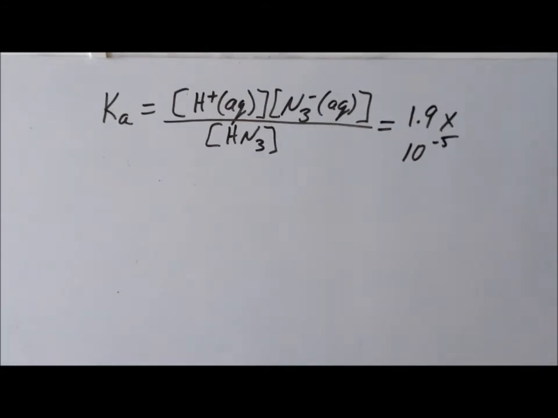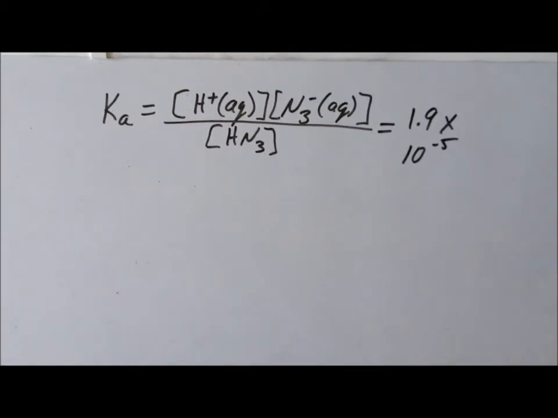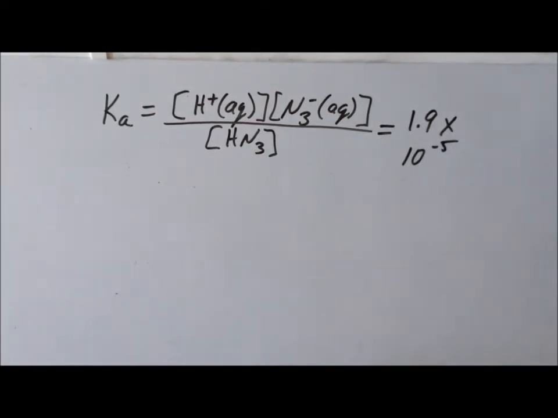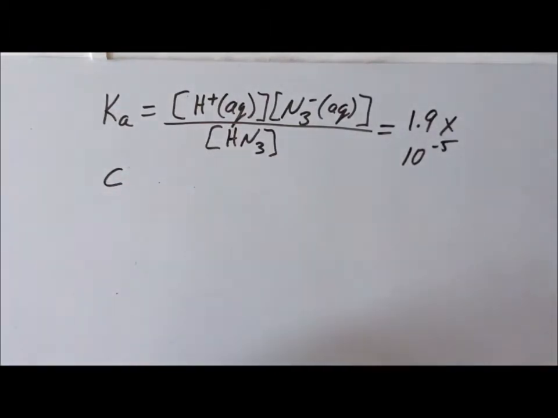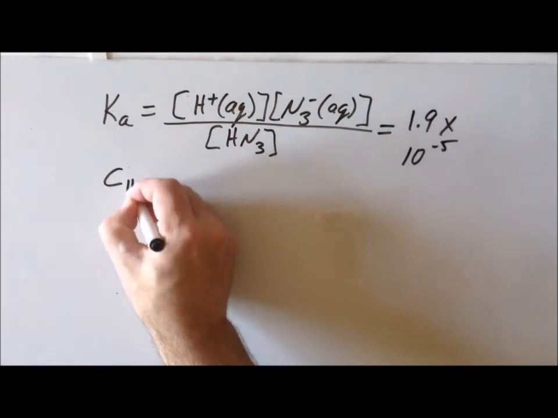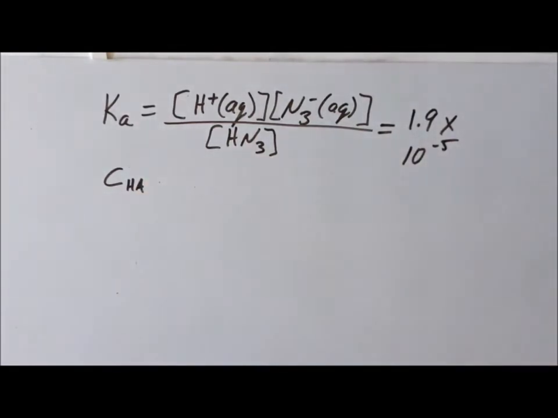What we want to ultimately do with many of our weak acid calculations is, starting with a known concentration of the acid, determine what the pH is going to be. A common way of representing the initial concentration is to use a small c and then a subscript HA, just to refer to a generic weak acid.